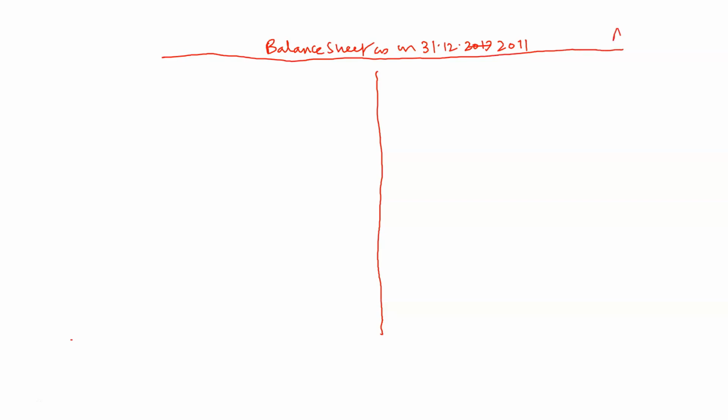Here are your assets, and you will find all your capital plus liabilities. So we'll start with the order of permanency. We'll take up all fixed assets, then move on to current assets. Similarly here, capital, then current and other liabilities.